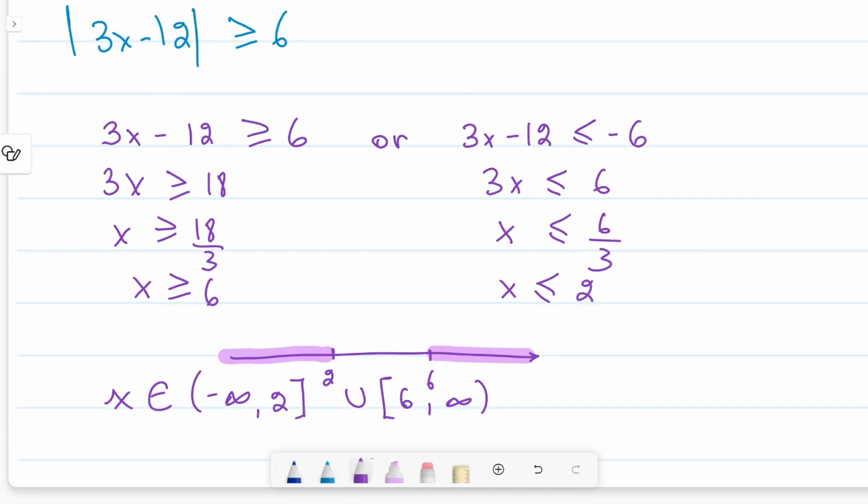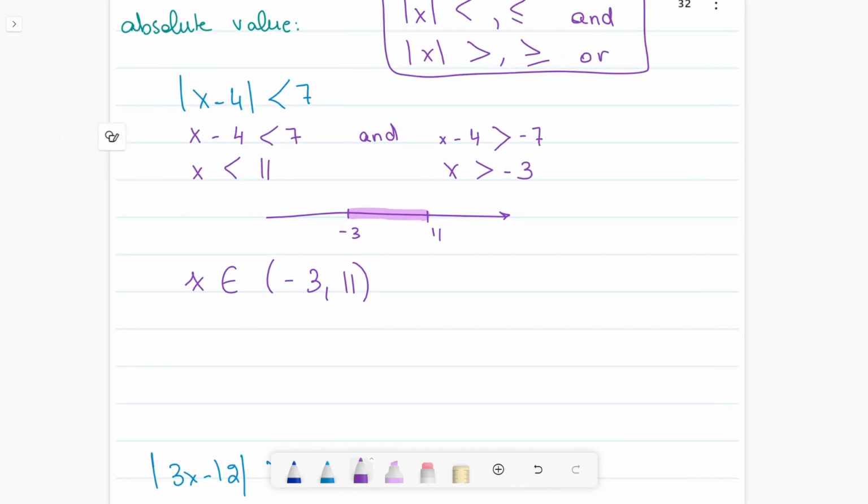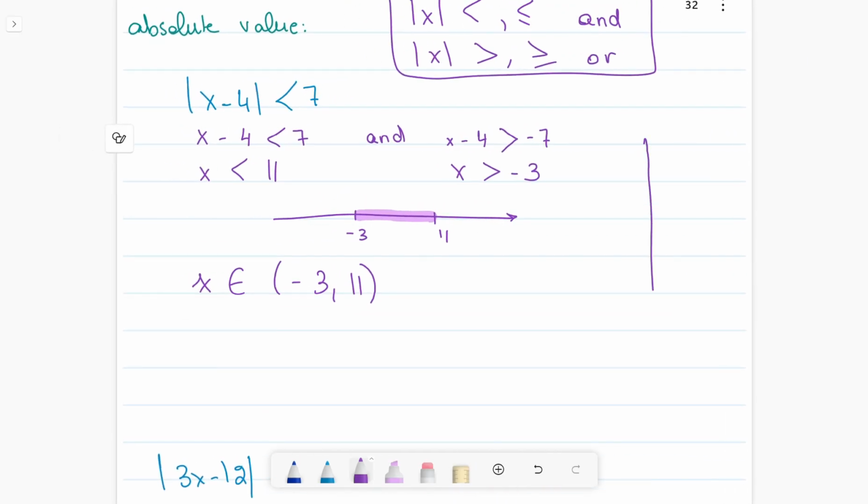Now the last thing I would like to show you is graphs. So if I were to graph this first one, or sketch it maybe quickly, I will get something like that. And maybe let's put the line y is 7. And we can see that we are looking for the region where it's less than 7. So we are looking for one region in here.